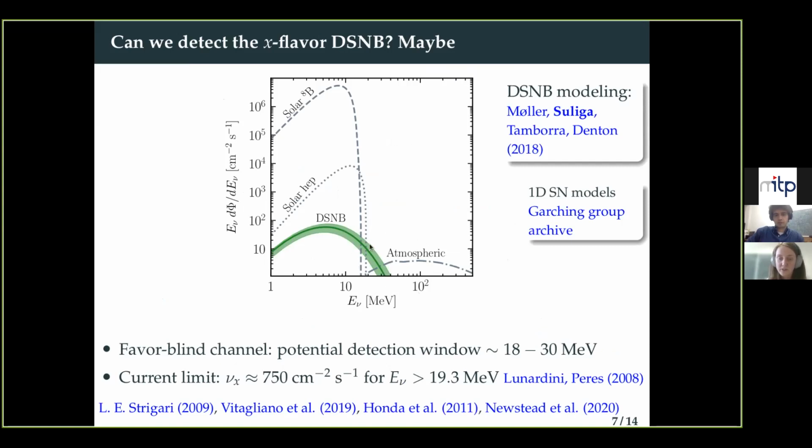It shows that there is still a detection window around 18 to 30 MeV. If we detected the X flavor DSNB, that would be a quite huge achievement, because currently the most stringent upper limits are on the order of 1,000 times worse than the theoretical predictions.